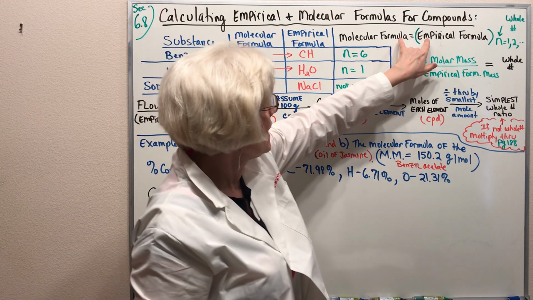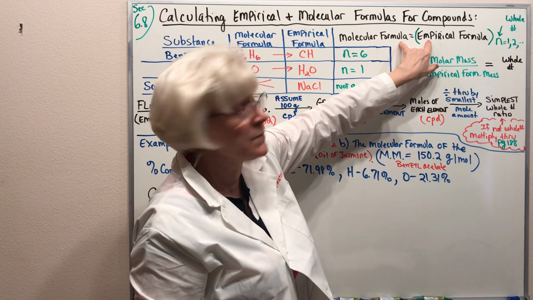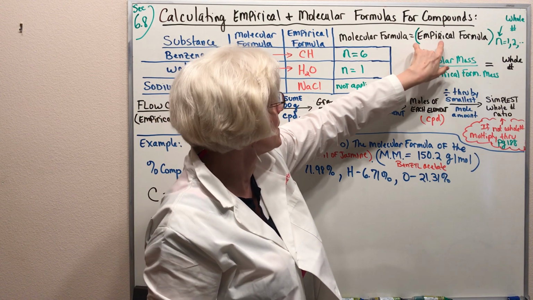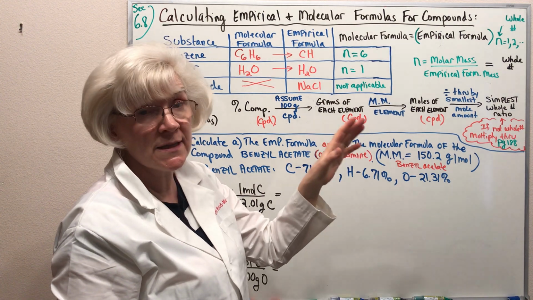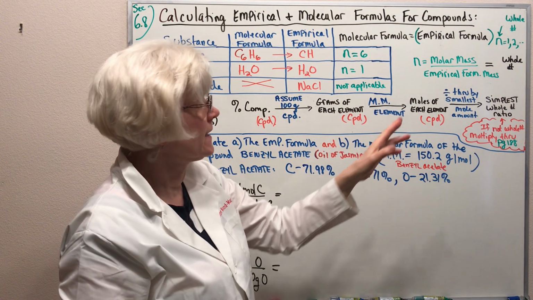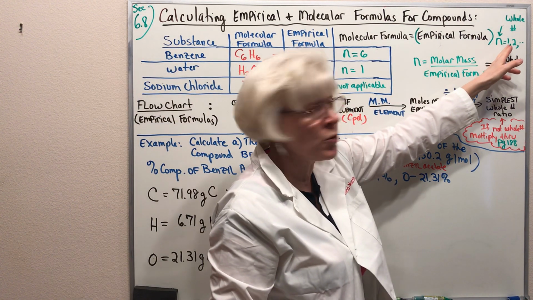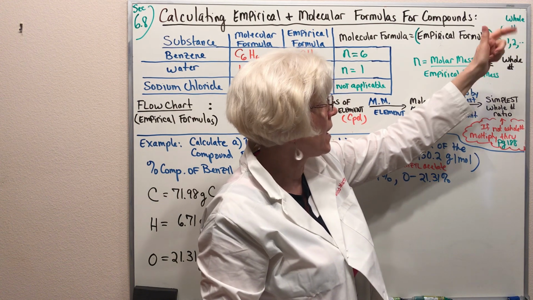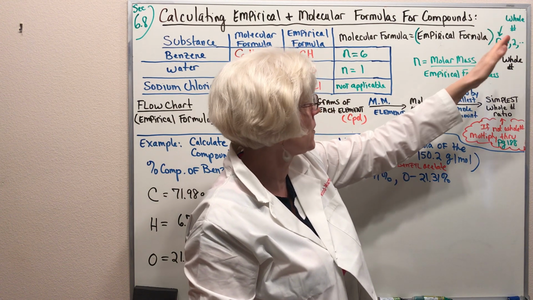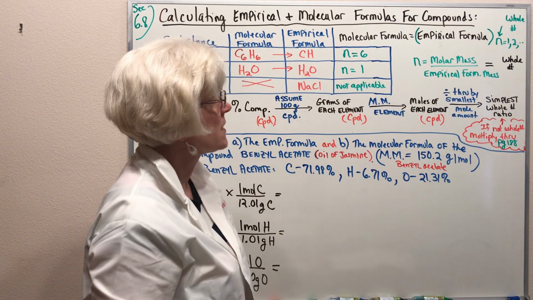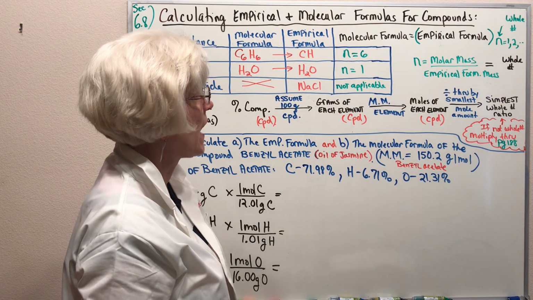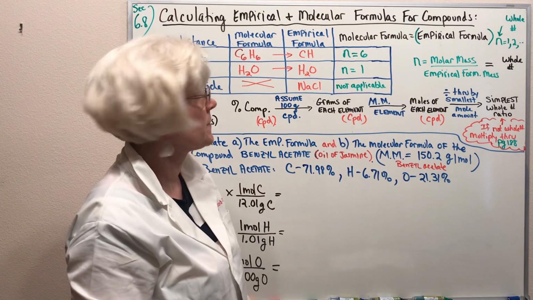Notice that we can determine the relationship between the empirical formula and the molecular formula of a compound using the concept of N. N is always a simple whole number, 1, 2, 3, 4, and so on, that you multiply the subscripts of the empirical formula through by to get the molecular formula.